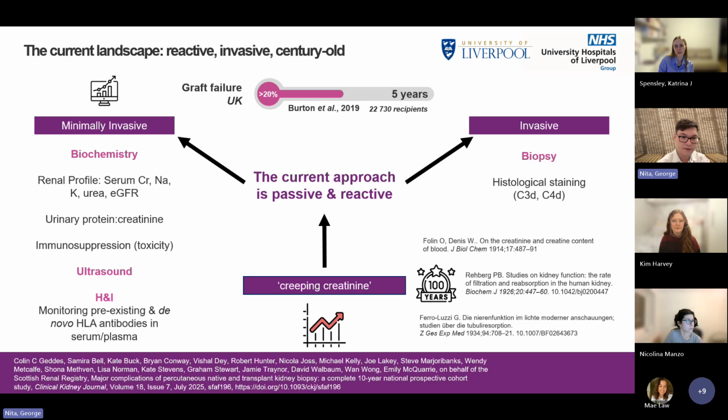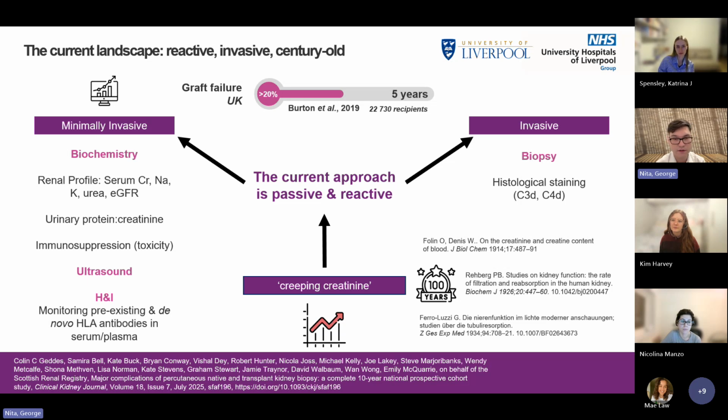Now, biopsies, some of you would have been through this procedure, and apart from the fact that it's a horrible experience to the patient, it's very operator dependent, it's very costly. And there's been a study published by Colin Geddes from Glasgow. This procedure carries an overall major complication rate of about 10%.